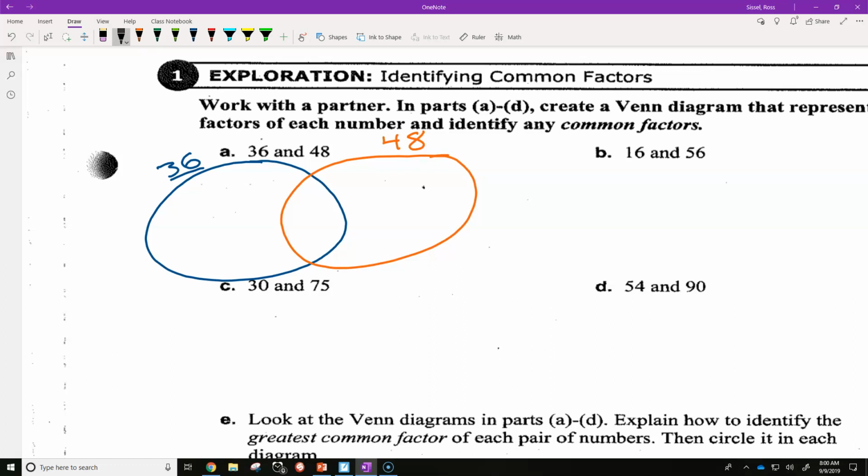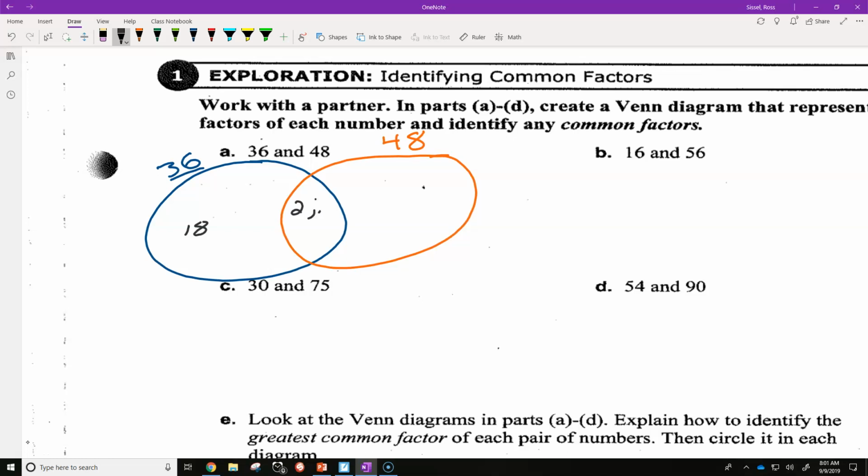And what I'd like you to do is tell me, does it go under 36, does it go under 48, or does it go under both? All right, Shay. 2 goes into both. Sai? 18 goes into 36. 3 goes into what? 48. Okay. Does it go into 36?